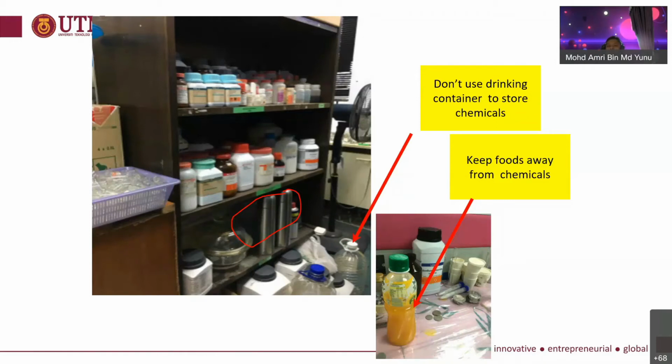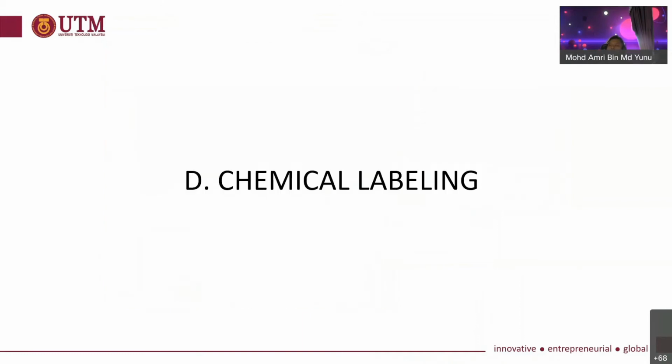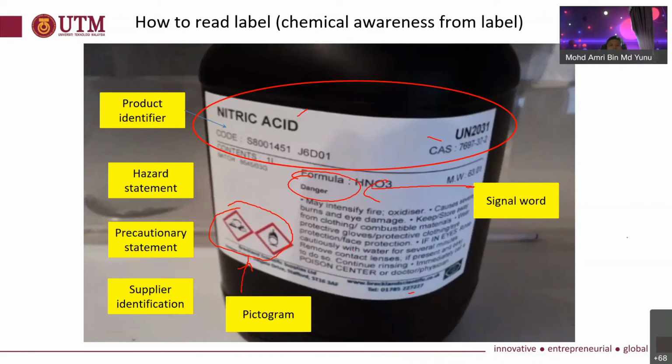Don't put food close to chemicals or eat near chemicals. And keep containers upright to avoid spillage. Okay, this is labeling under the use. Every container must have a label. These are at least the items of the labeling.